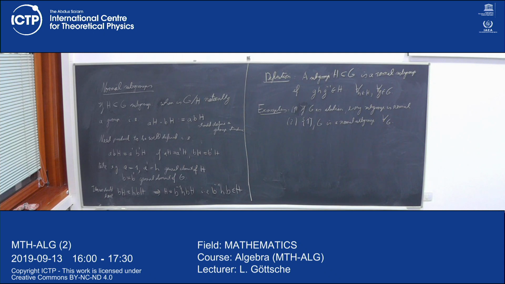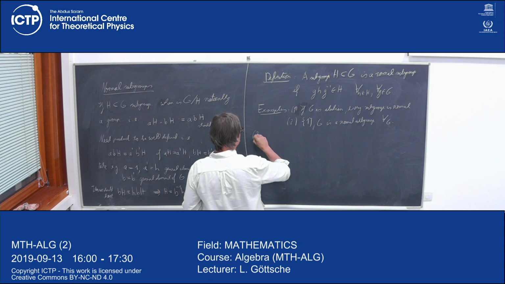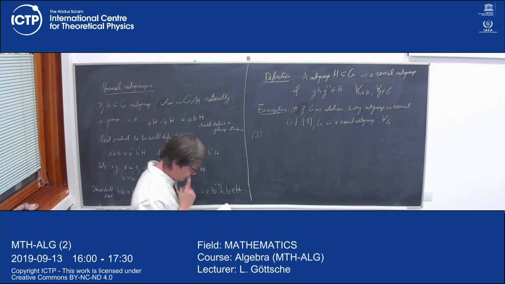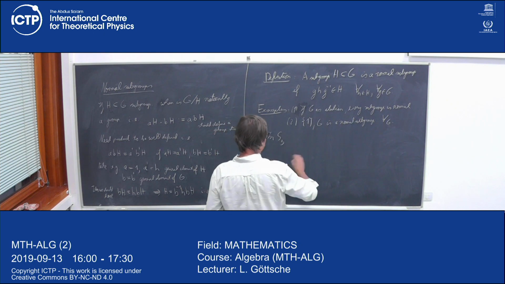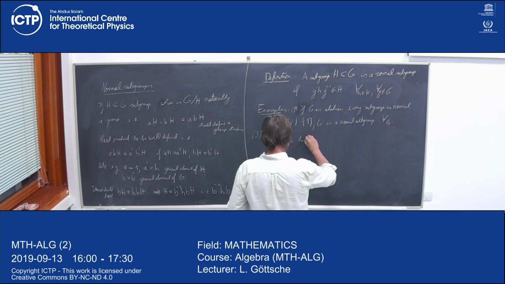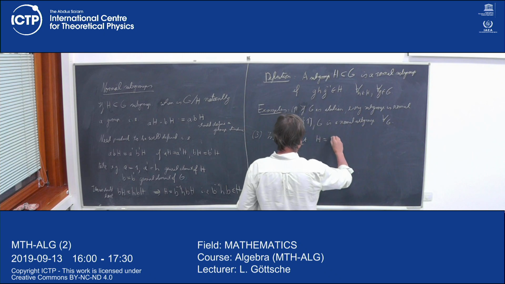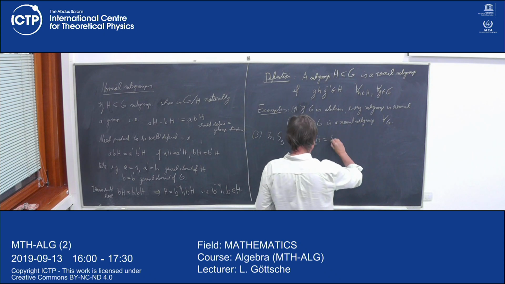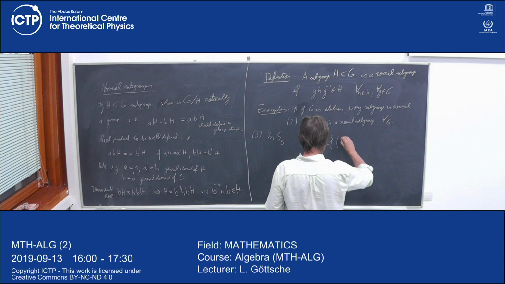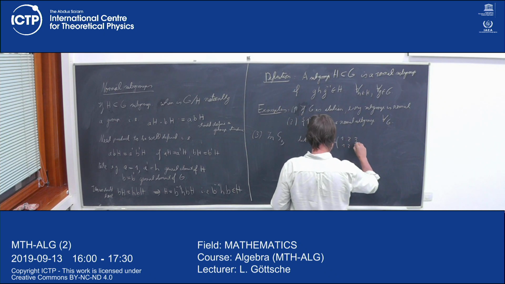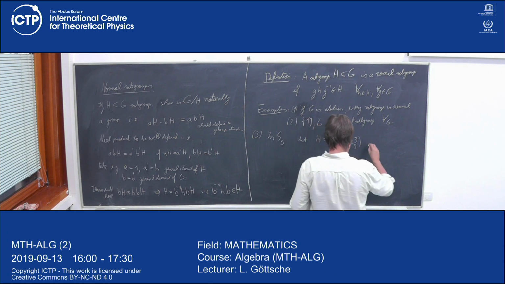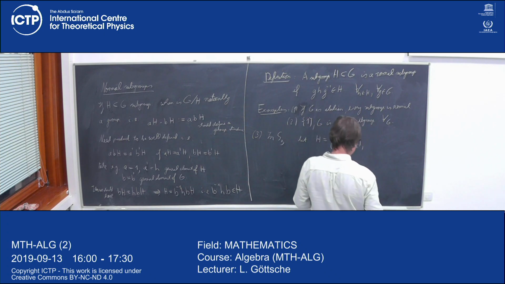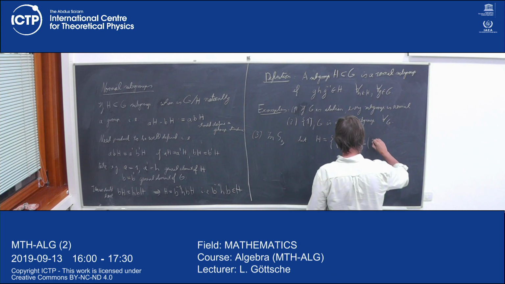Let's look at an example of a subgroup which is not normal. We had one example of a non-commutative group, which was S3. In S3 we can look at the subgroup H, which consists just of two elements, namely the identity and one which commutes the last two.